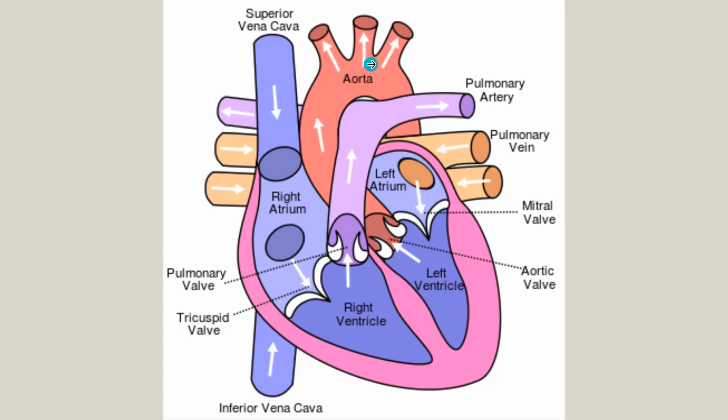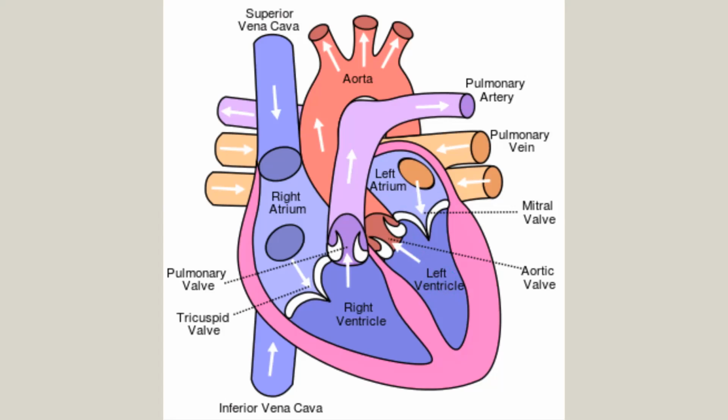The aorta is also known as the biggest artery, which receives the highest pressure due to the contraction of the left ventricle. This is also where the oxygenated blood that flows through the rest of the body will be distributed.